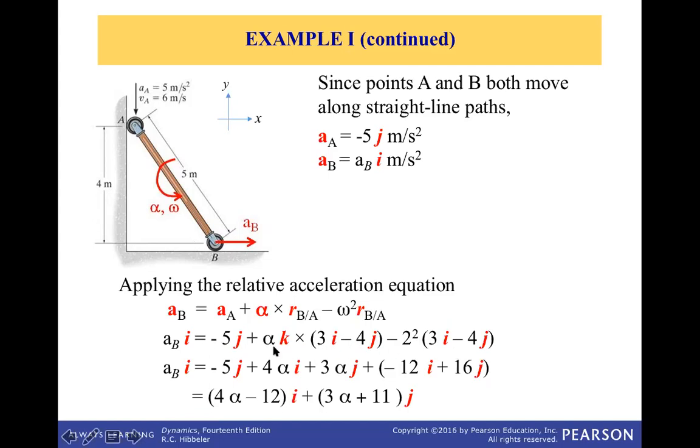Then you can do the cross product here, distributing k into the I and then the J component. So it's minus 5J here.